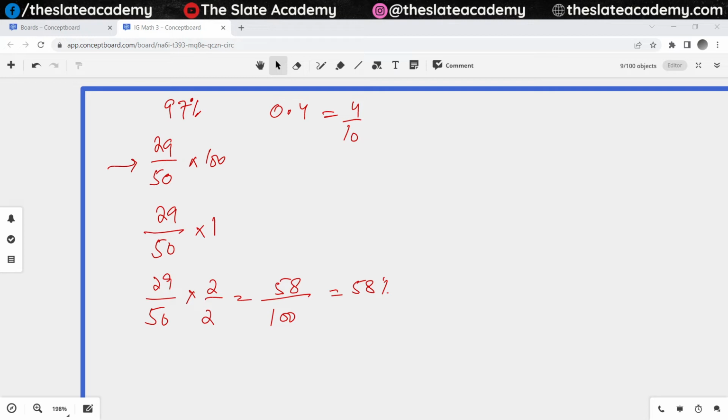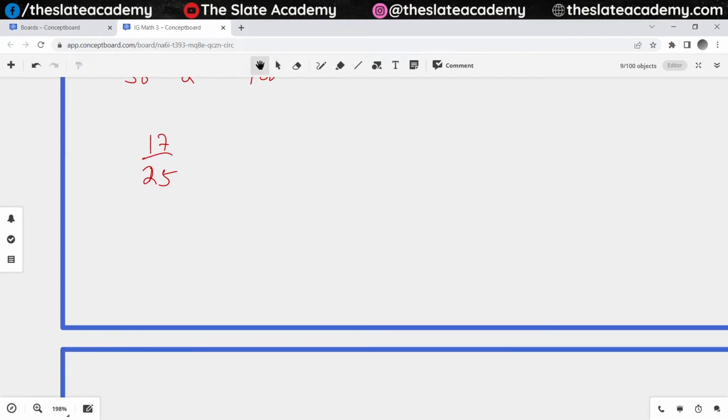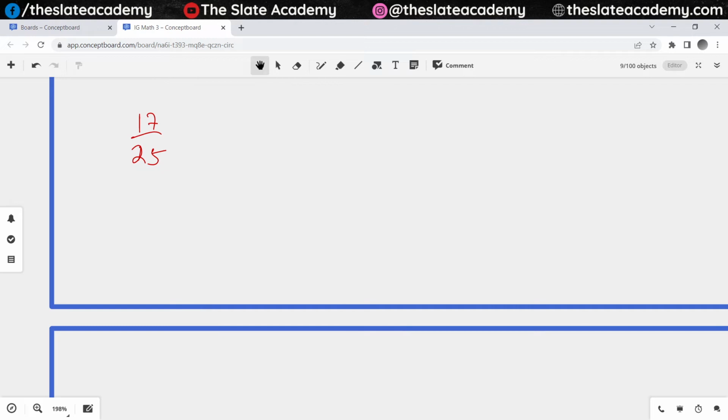Okay, so again, let's practice with a few more questions. All you have to do is convert the denominator into 100. So if the question says 17 by 25, what do I have to do to convert the denominator into 100? I have to multiply it with 4, and I can't do something simply to the denominator. I'll have to apply the operation to the numerator as well.